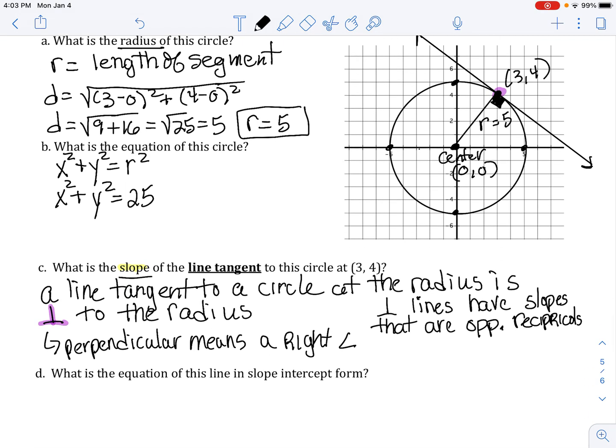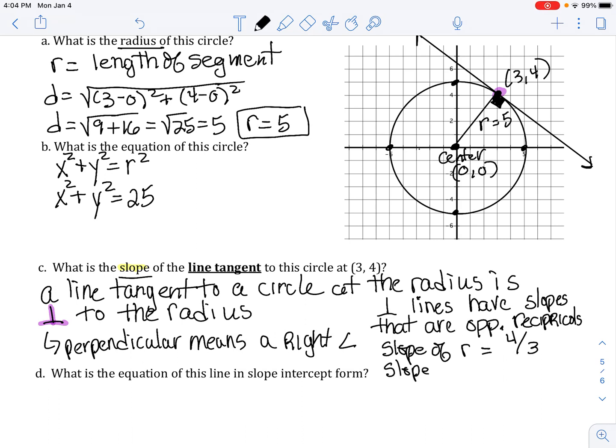Okay, finally now we can determine the slope. The slope of the radius is up 1, 2, 3, 4 over 1, 2, 3. So 4 over 3.